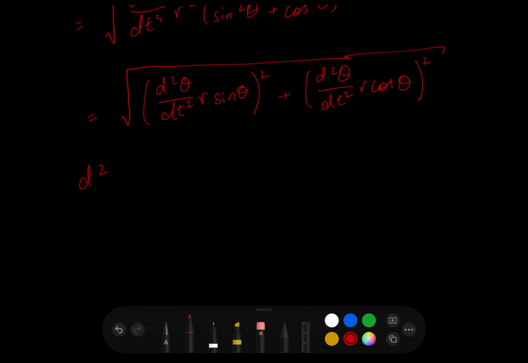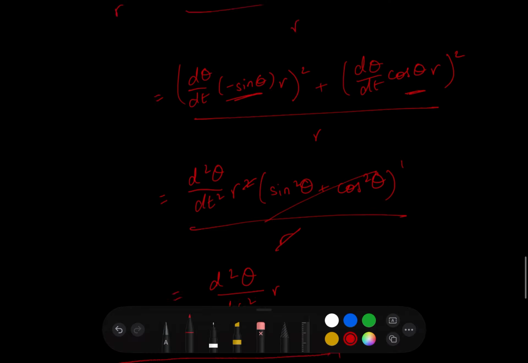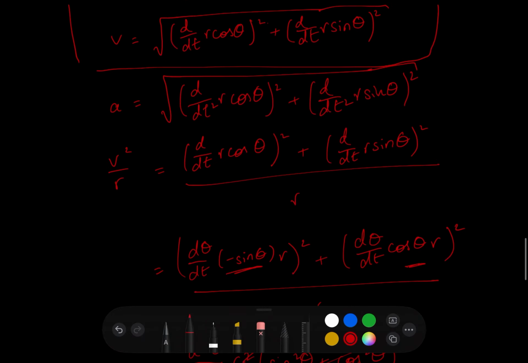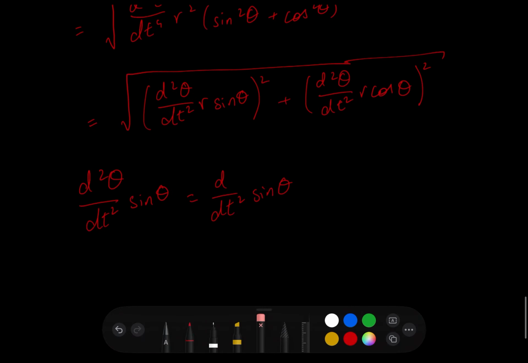And you'll notice that d2 theta by dt2 of sine theta is just going to be d by dt2 of sine theta. And that is indeed what we have.